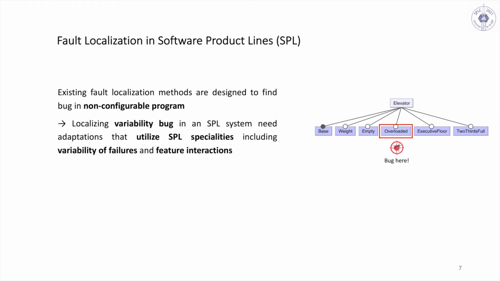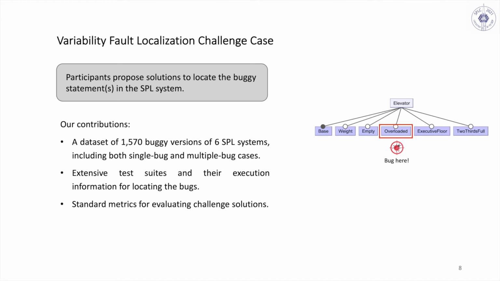How can we use the SPL specialties like the variability of failures and the interaction among the features? The challenge case is raised to encourage researchers and practitioners to propose better solutions for variability bug localization. We contribute a dataset including 1,570 buggy versions of 6 SPL systems.